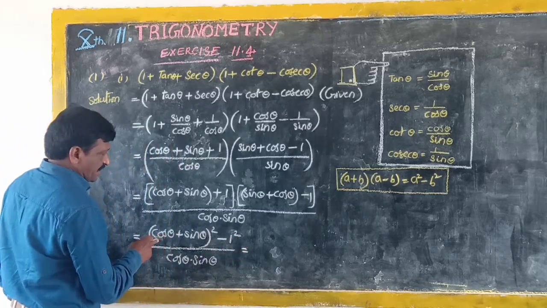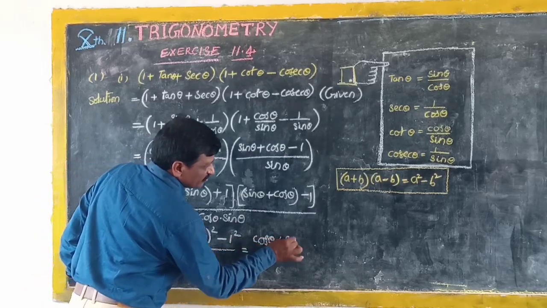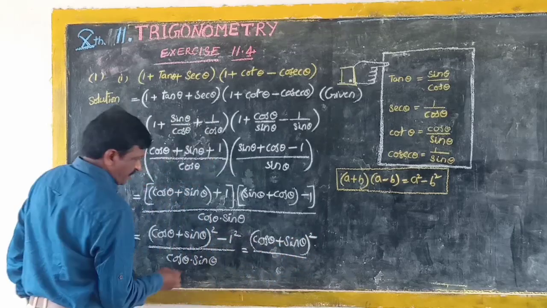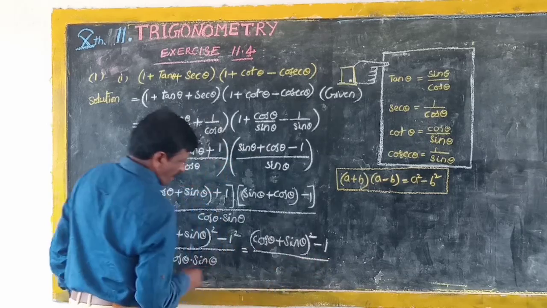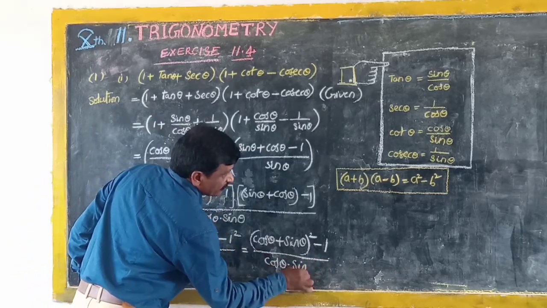So cos theta plus sin theta whole square, minus 1 square, which is 1, by cos theta sin theta.